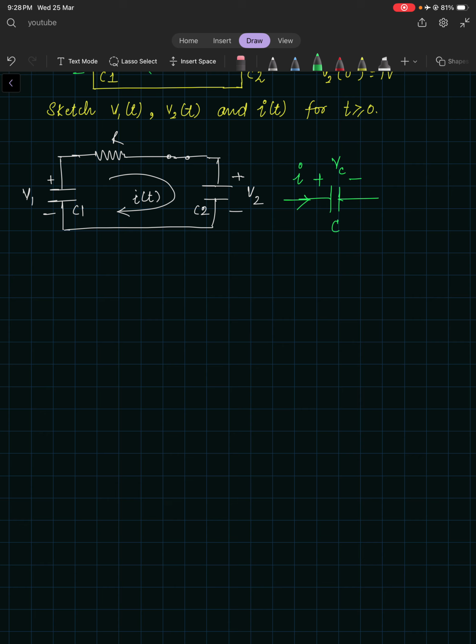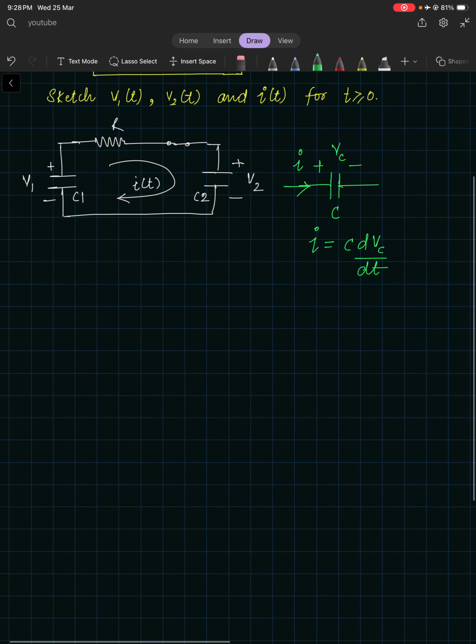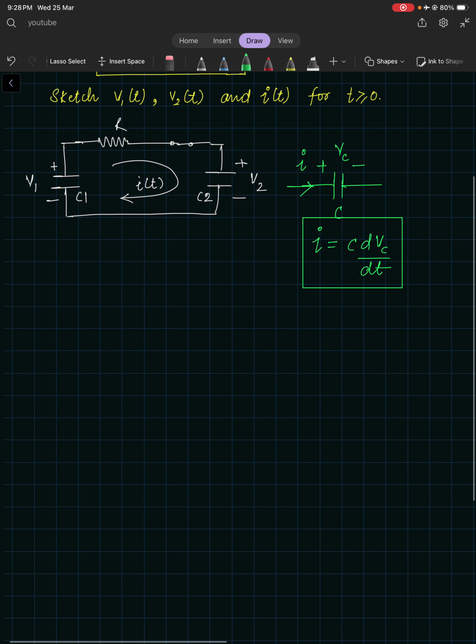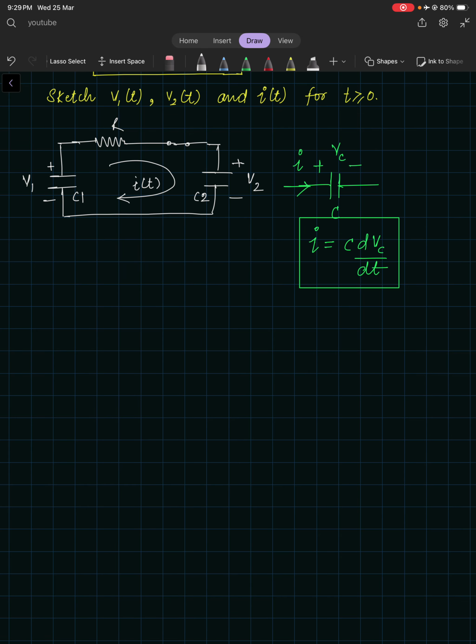If the current is going into the plus terminal, you need to write I is equal to C dVc by dt, right? Let me put this in a square bracket. We will use this convention.